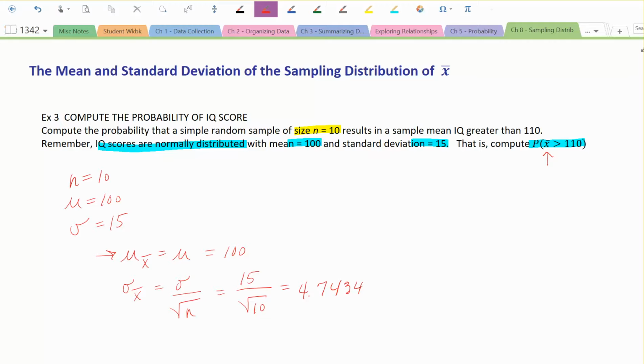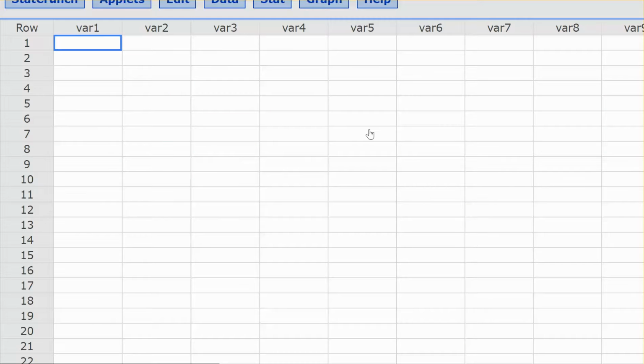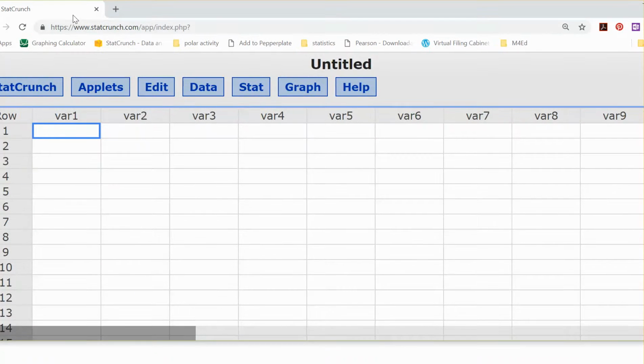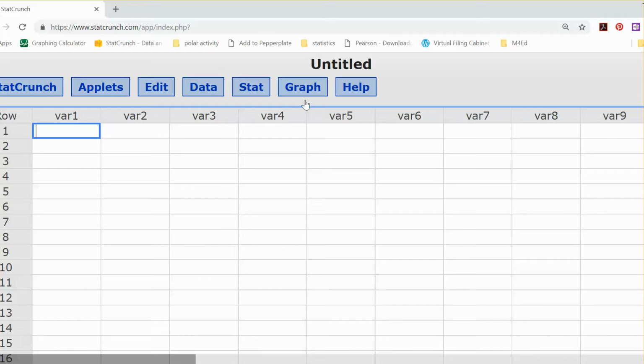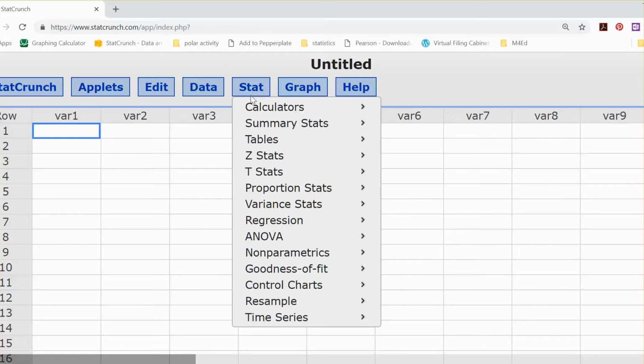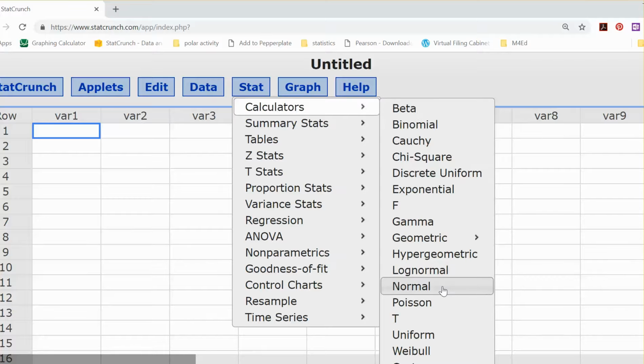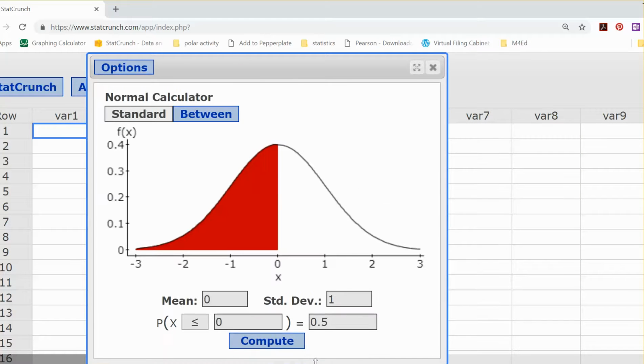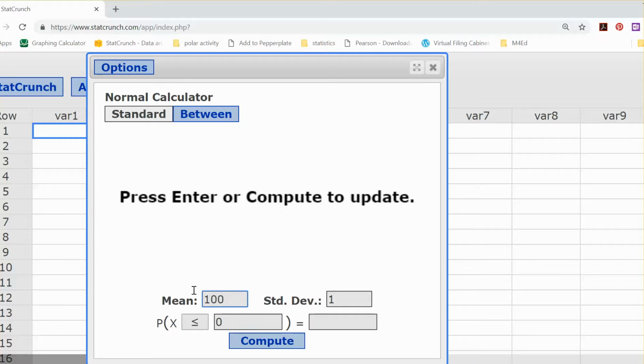So these are the values that I'm going to use when I think about my normal distribution. We're going to go over to StatCrunch, and we are going to use the normal calculator. In StatCrunch, I go to Stat, Calculators, Normal Distribution, and we said that the mean we are looking for is the same as the mean of the population, so the mean of my sample is going to be 100.